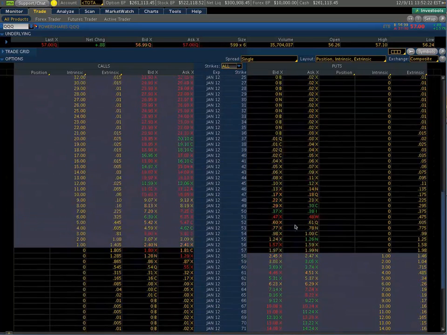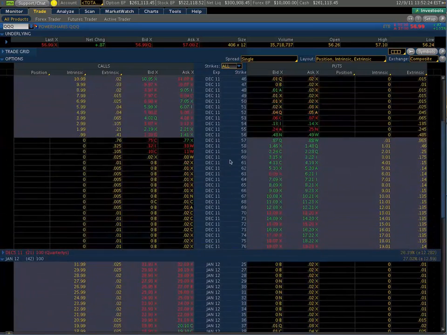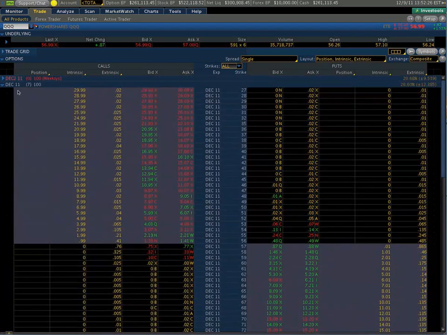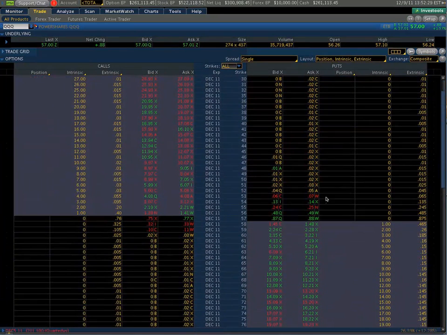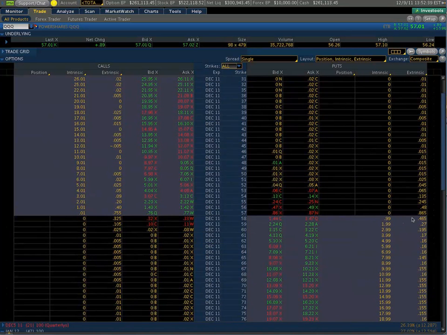But as you get closer to expiration, we'll go back to our December options that have 7 days left. You can see that the time value has eroded the price of these options to the point where they are half or less than half of what they used to be when they were 42 days to expiration. So you only have an extrinsic value of 0.87.